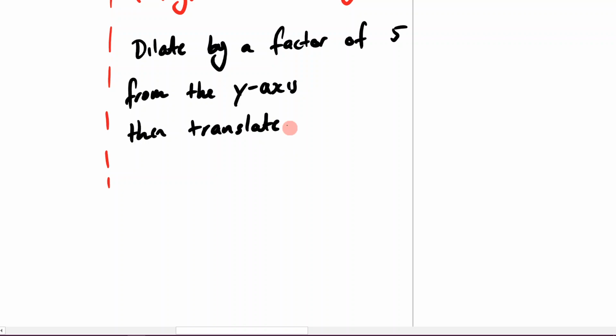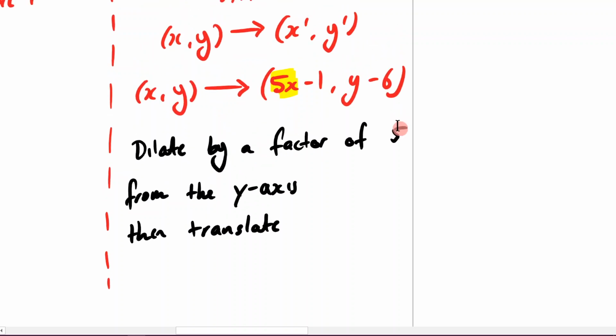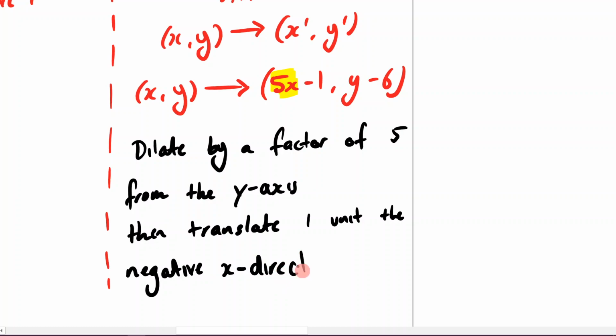And now it's just a matter of reading off what we have here. We're translating 1 unit in the negative x direction, and 6 units in the negative y direction.